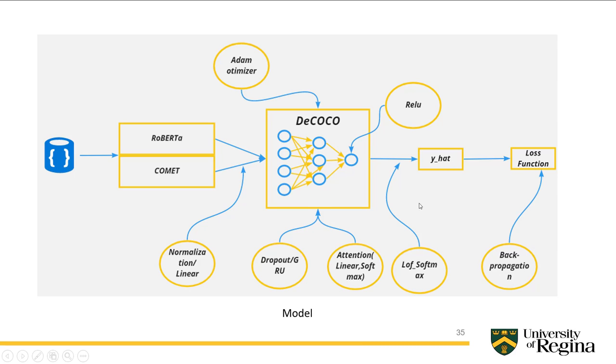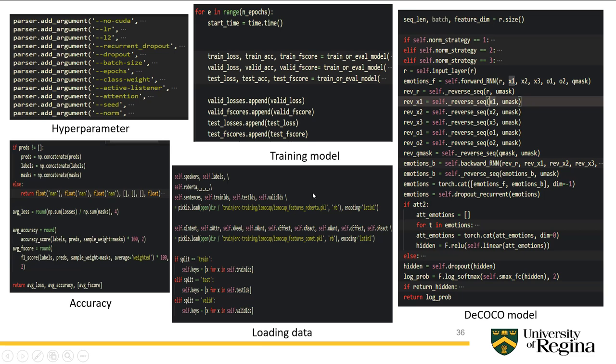Again, because this is a bidirectional model, backpropagation occurs and the Adam optimizer is used, and this is our model.